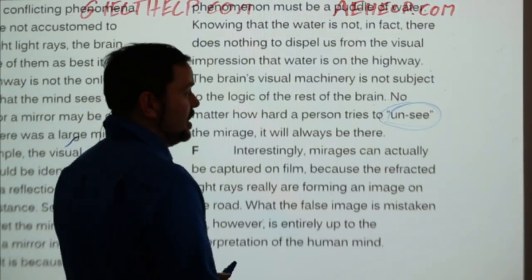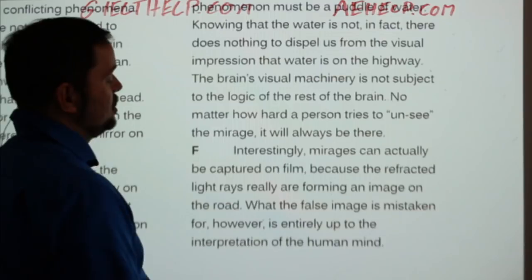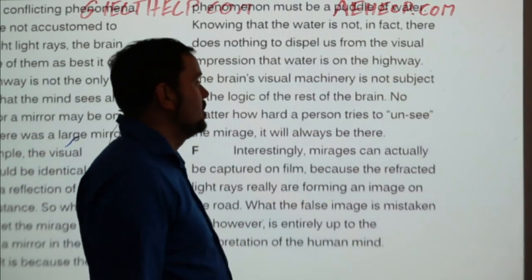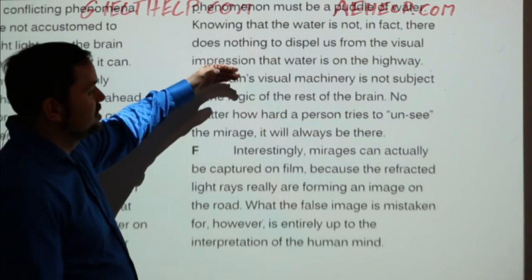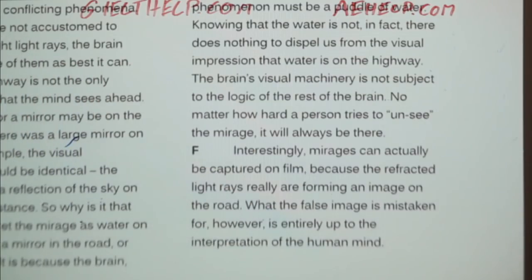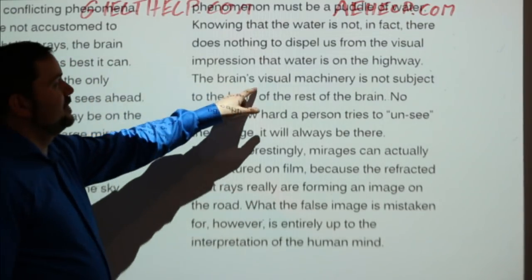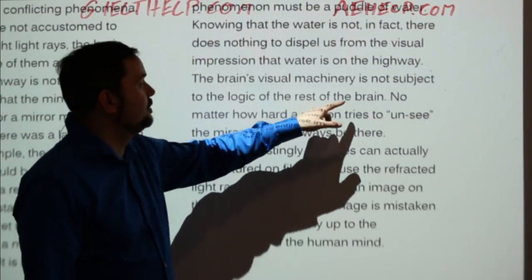So if you have some time, don't be shy, double check your answer. Even if you think you have the correct answer, you can still check to make sure that you have it. And in this case, we want to definitely look at it. So let's read the sentence before and the sentence where we see it. The brain's visual machinery is not subject to the logic of the rest of the brain.